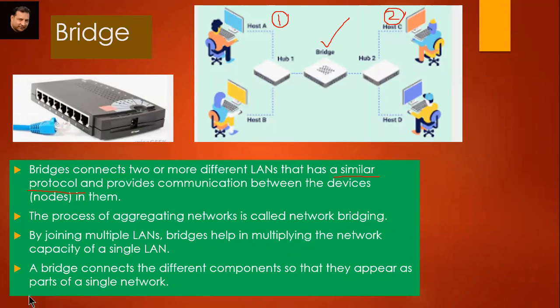By joining multiple LANs, bridges help in multiplying the network capacity of a single LAN. Last point, a bridge connects the different components so that they appear as parts of a single network.